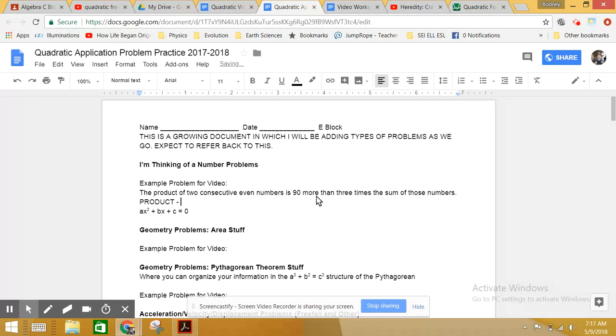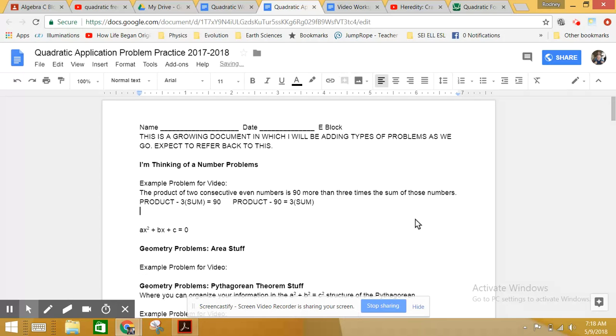So if we say minus 3 times the sum, we will have 90. So the product is 90 more than 3 times the sum. We could have also written it as product minus 90 equals 3 times the sum. That would also work.